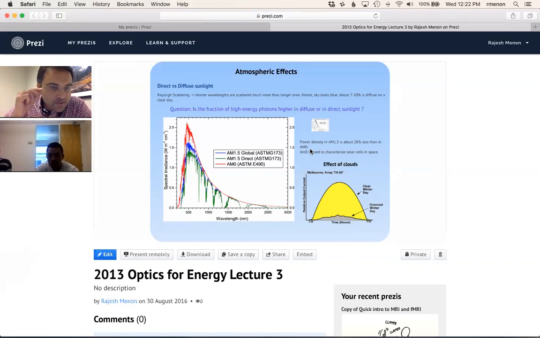But of course, on an absolute scale, the total power density within diffuse light is much smaller than direct light. It's only 7 to 10%. But the fraction of high energy photons is higher in the case of diffuse light. Does that make sense? It's because shorter wavelengths are more scattered, and they contribute to the diffuse light more than longer wavelengths.